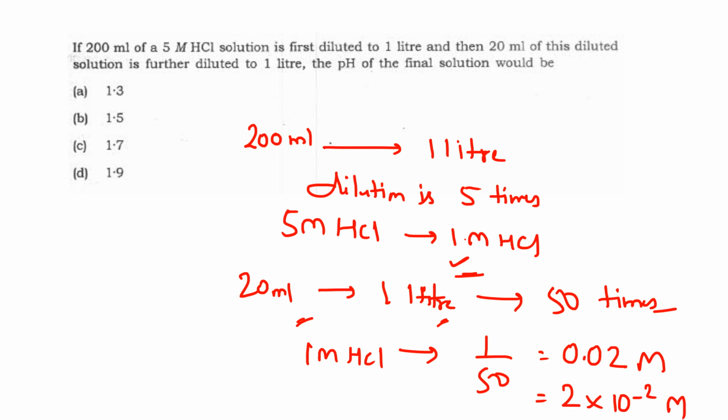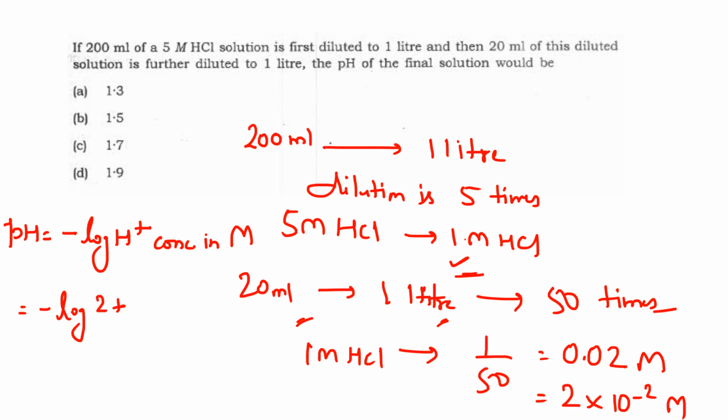So the formula to calculate pH is equal to minus log of H positive concentration in molar. Okay. So here we can write it like this, minus log 2 plus minus log 10 to the power minus 2.